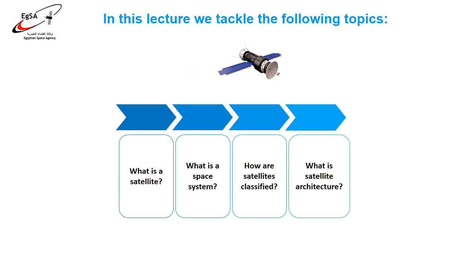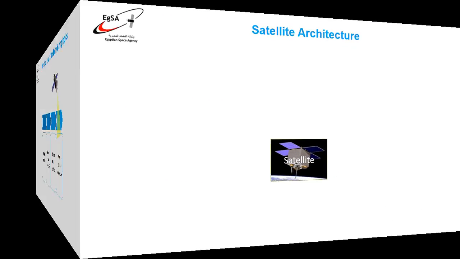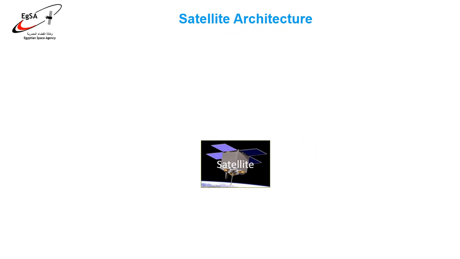Now we move to the fourth and last inquiry. What is satellite architecture? Now let's talk about satellite architecture. Here we have a satellite block, and we shall explain its contents.